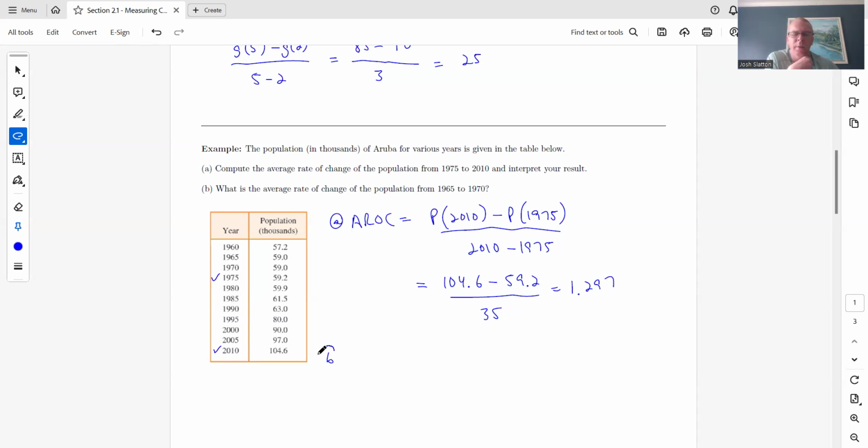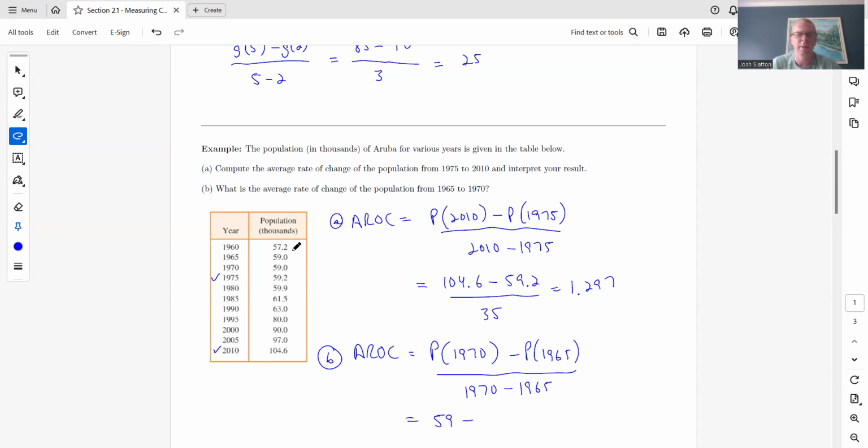So then we can do part B, from 1970 to 1965. The average rate of change is P of 1970 minus P of 1965 over 1970 minus 1965. In 1970, it was 59.